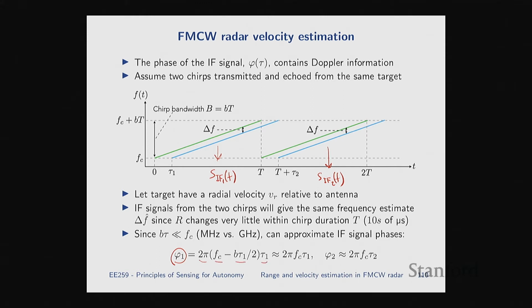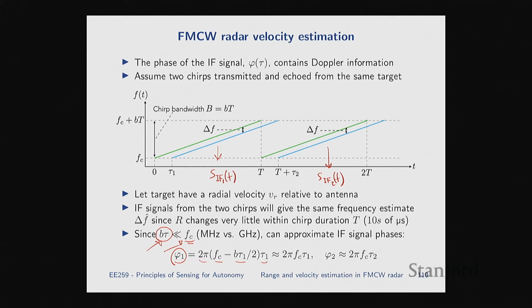Okay? But if you look at the numbers, B times tau is always, for the applications we work with, much, much less than the carrier frequency fc. B tau is typically a few megahertz. Carrier frequency, as you know, is like 24 gigahertz or 77 gigahertz. So your B times tau is like 1,000 to 10,000 times smaller than fc.